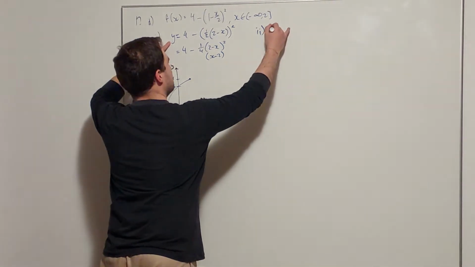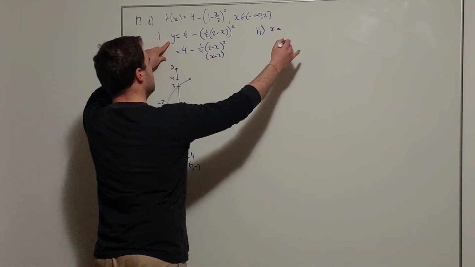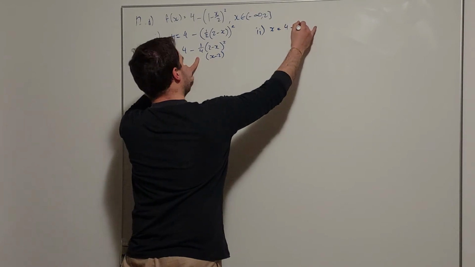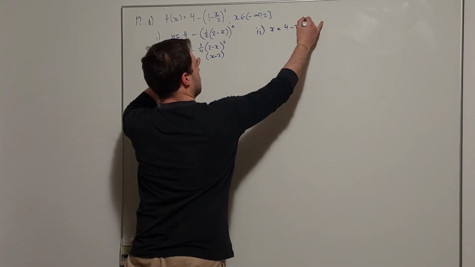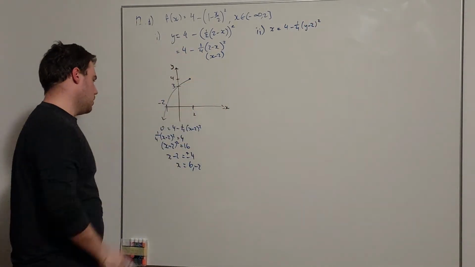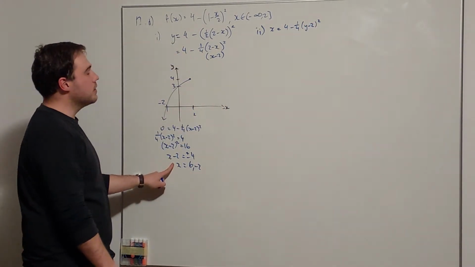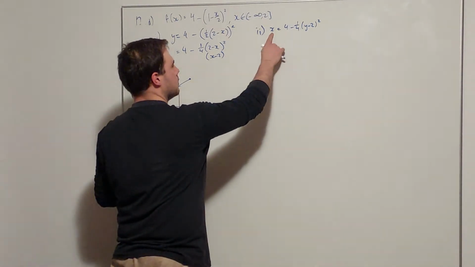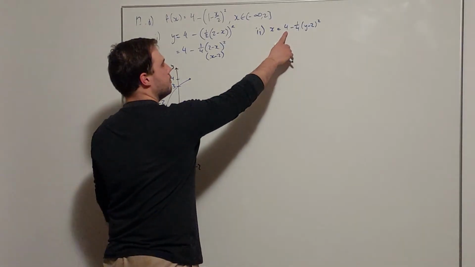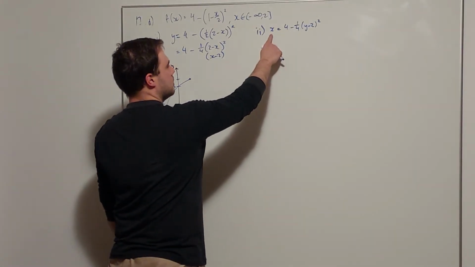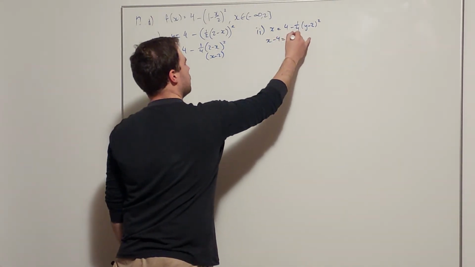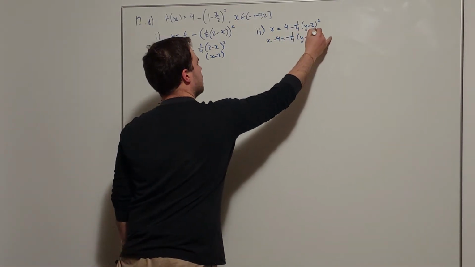We'll just do x equals, I think it's probably easiest in this form, 4 minus a quarter y minus 2 squared. And I've probably done half the work here anyway. So x minus 4 equals negative a quarter y minus 2 squared.